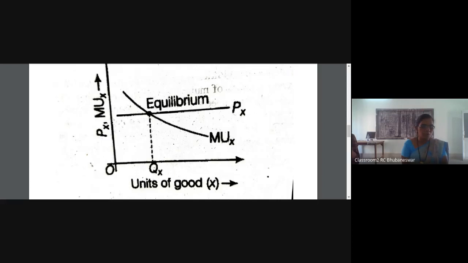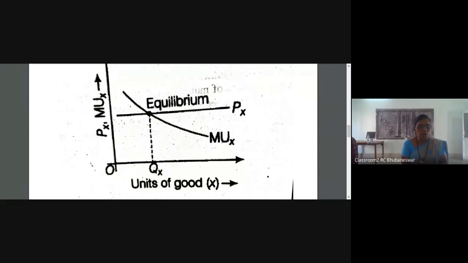If the marginal utility of the commodity, MUX, is greater than the marginal utility of money, then the consumer will exchange money for the commodity, till the point where he cannot give up any more, which is equilibrium, when the marginal utility of X is equal to the price, MUX equals PX. The consumer will keep on consuming and spending money so long as MUX is more than PX.